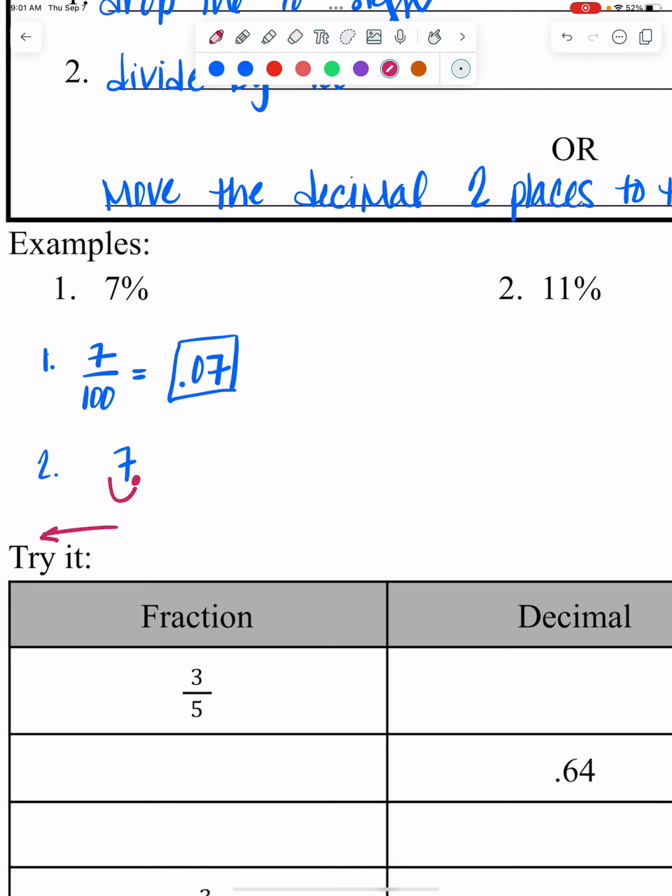I'm going to move it 2 jumps. But now I have a hole I have to fill up. I'm going to fill up my hole with a 0. So my decimal equivalent to 7% is 0.07, no matter which route you take.